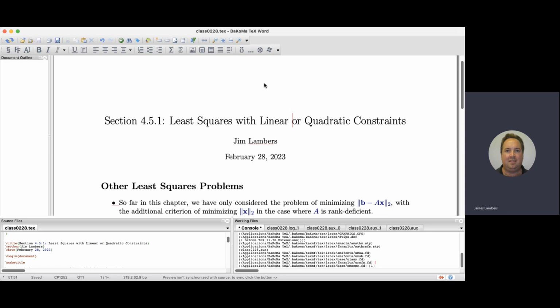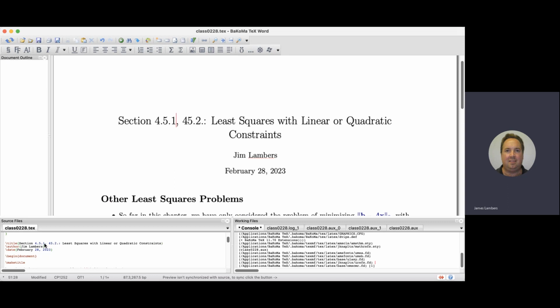Okay, so the topic that I'll be covering this time, actually, I need to change this a little bit. Section 4.5.1 and 4.5.2, where I'll be looking at some different least squares problems. So far, we've seen the full rank least squares problem, also rank deficient least squares.